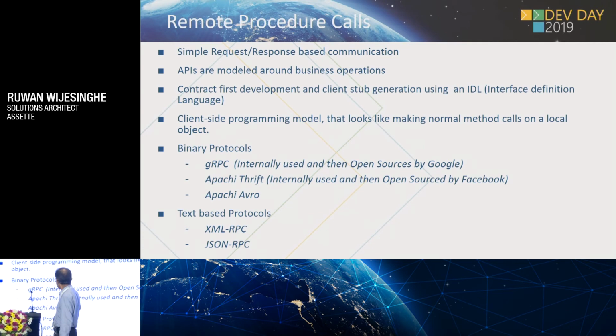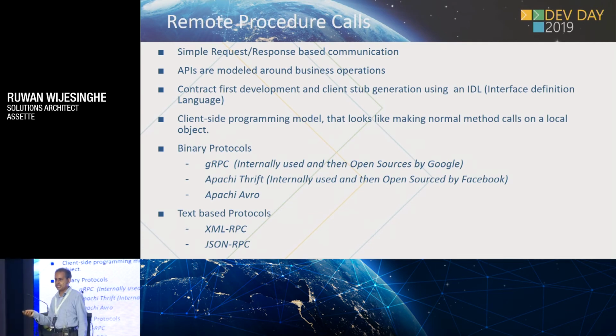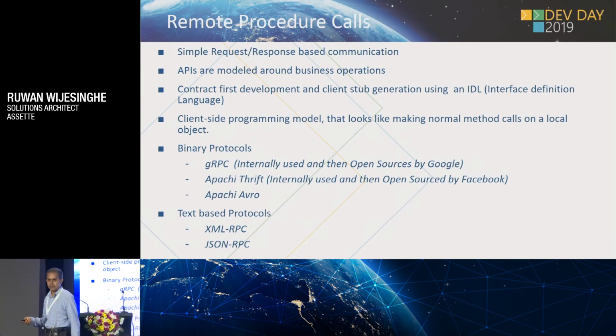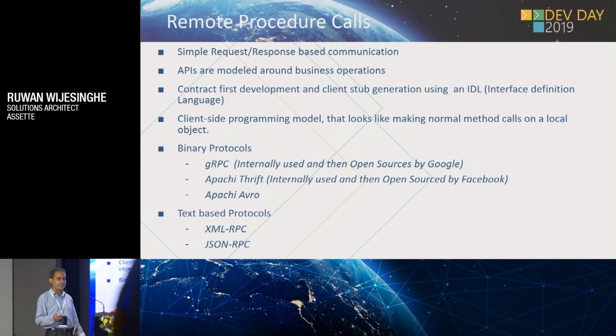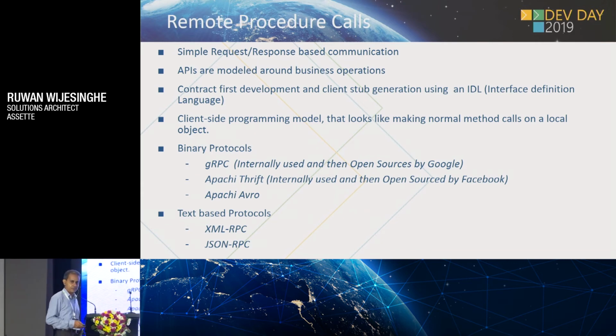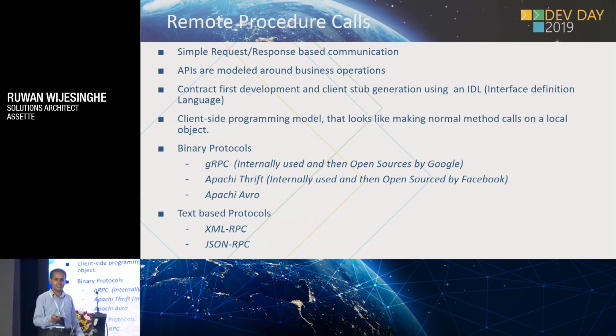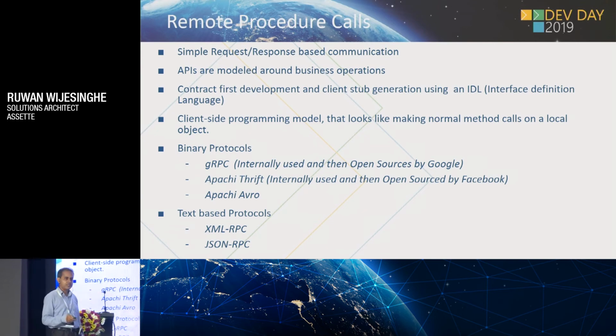One is gRPC from Google. Apache Thrift is the Facebook implementation of an RPC protocol similar to gRPC. It's kind of a competitor where you can compare both as similar implementations. But the advantage if you use .NET is that gRPC has better support from Microsoft. Other than that, both are very similar. And Apache Avro is another open source implementation of an RPC protocol, which is more useful for dynamic languages. But they are similar products.